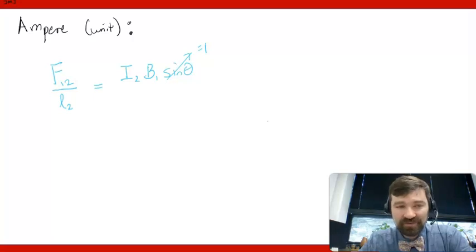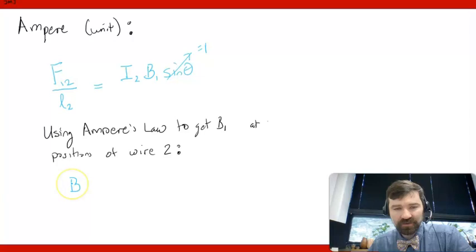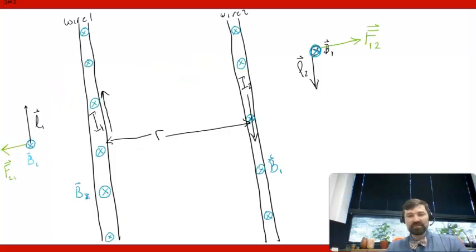We also have Ampere's law, so we know how much magnetic field B1 is present at wire 2. Basically, we have B1 at the position of wire 2 is equal to mu naught times the current I1 flowing through wire number 1 divided by 2 times pi times R, where we're defining R to be the distance between the two wires.